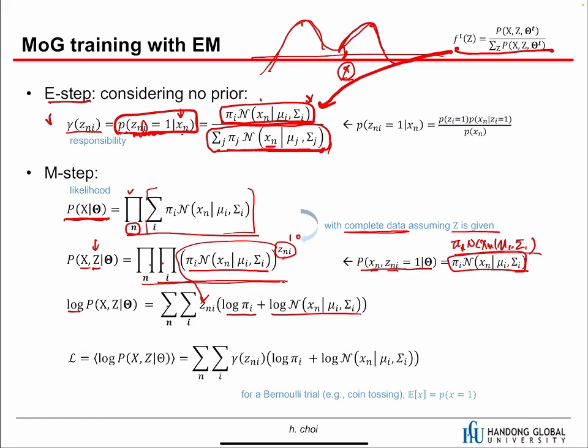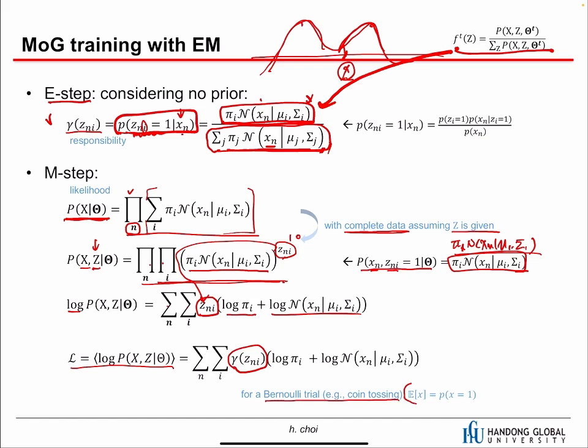Okay, so next we take expectations, and look at this one. The expectation of z sub ni is the responsibility here. Think about this Bernoulli trial.